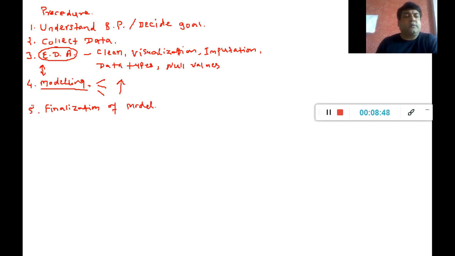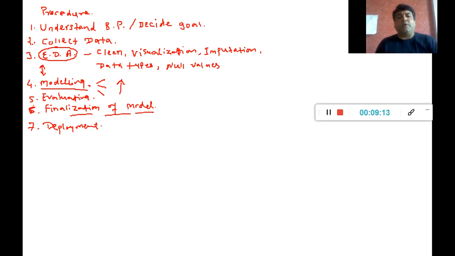Yes, evaluation. I was trying to remember: evaluating the models, and then the 6th one will be finalization of the models, and of course the 7th stage will be deployment, right. So there are 8 to 10 steps actually, but today we are going to do only these 6-7 steps, being the first model we are going to build, and slowly we will build upon it as I discussed.